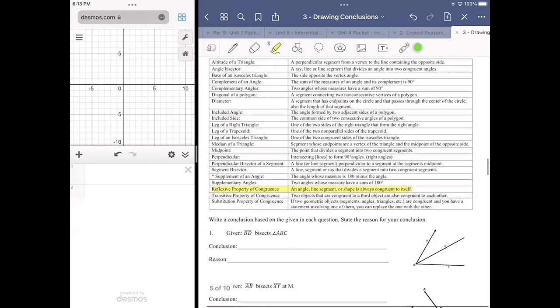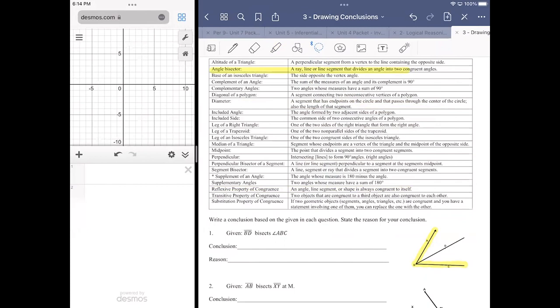All right. I guess I'm using yellow for now. So the angle bisector seems to make the most sense: a ray, line, or line segment that divides an angle into two congruent angles. Right.